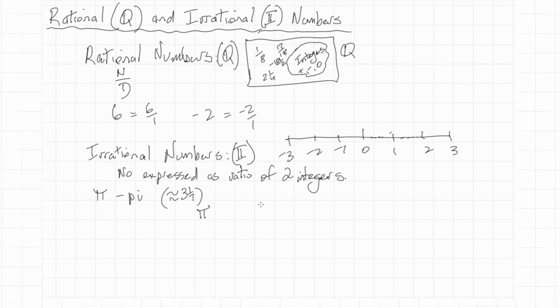Pi is simply, if you've got any circle, and this is the power of the discovery of pi, doesn't matter how big your circle is, if you could measure around the circumference and you could measure exactly the diameter, pi is simply the ratio of the circumference to the diameter.